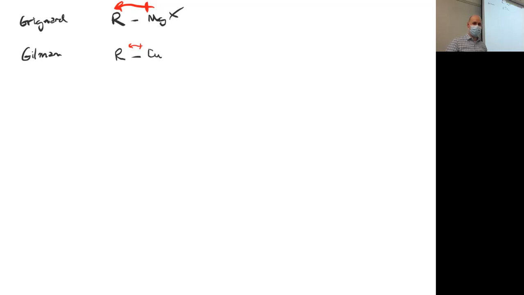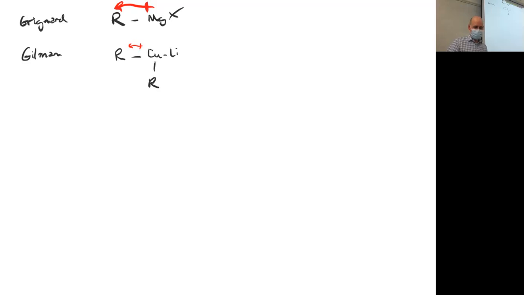So this carbon has a smaller negative charge, whereas this carbon has a very large negative charge. Well, copper by itself won't make a covalent bond to a carbon. So it turns out that it needs to hook up to two carbons at the same time and also lithium. This is what Gilman found works.